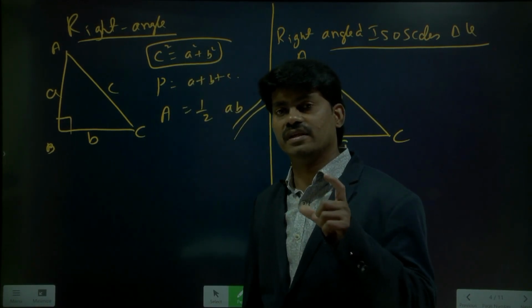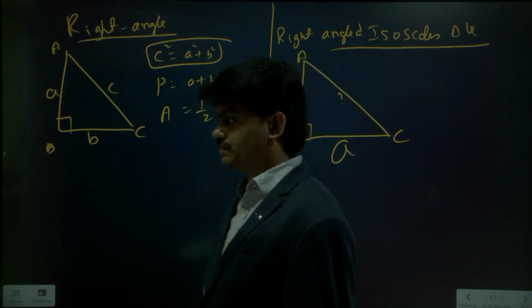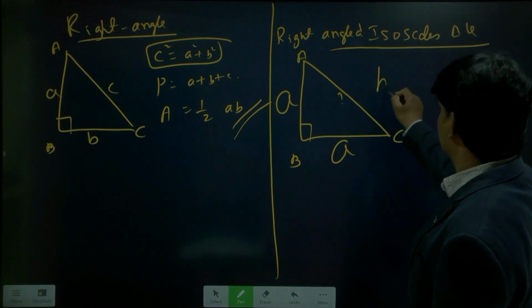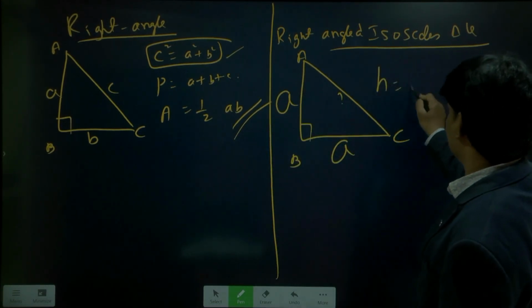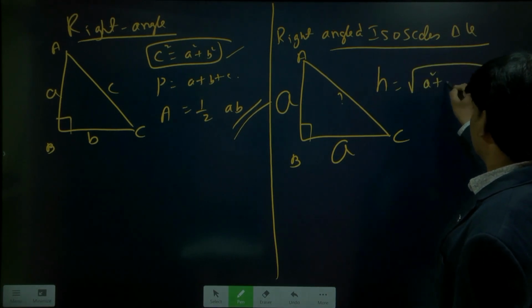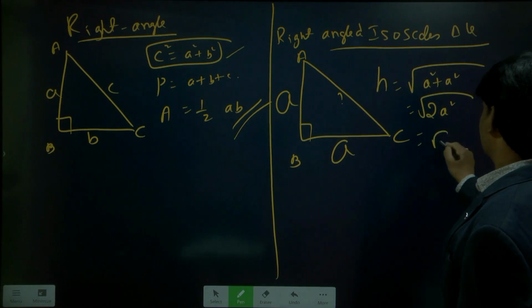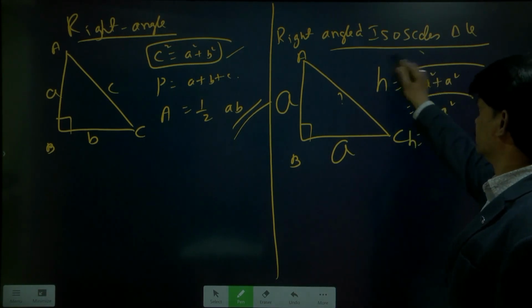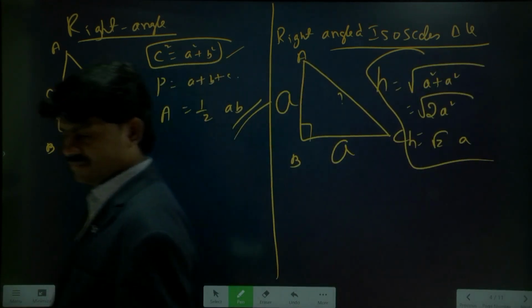Now first I will find the hypotenuse value. What is the hypotenuse here? As you know the formula, AC square is A square plus B square, which is equal to A square plus A square, 2A square, so the hypotenuse is root 2 A. Please check.